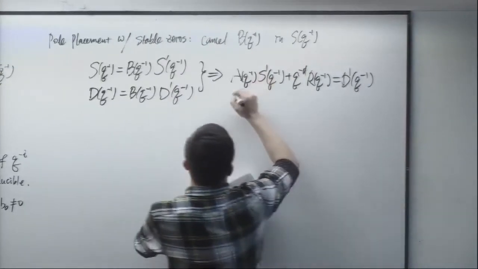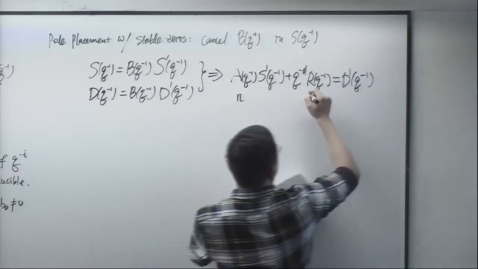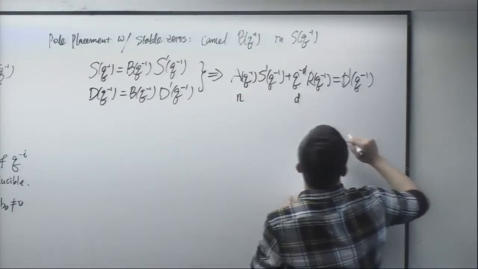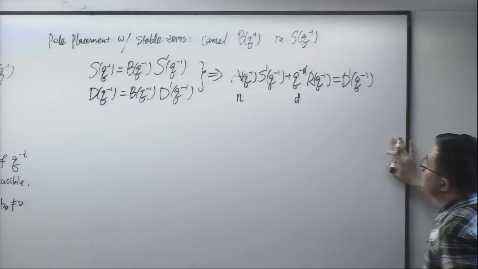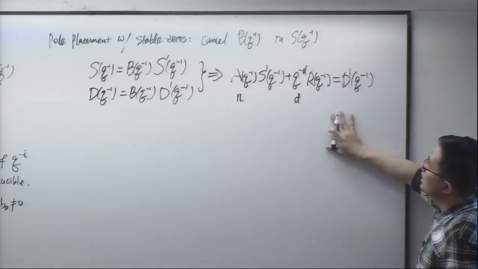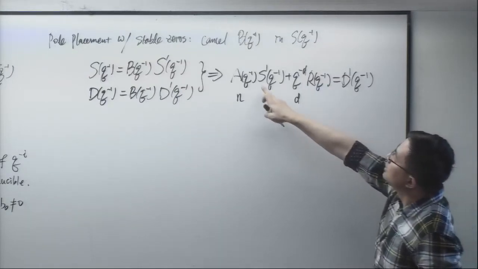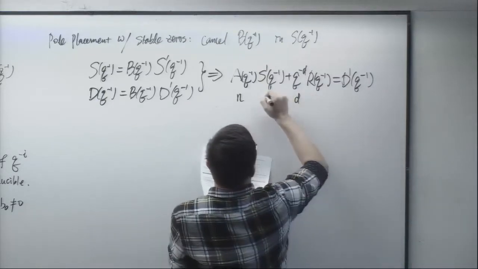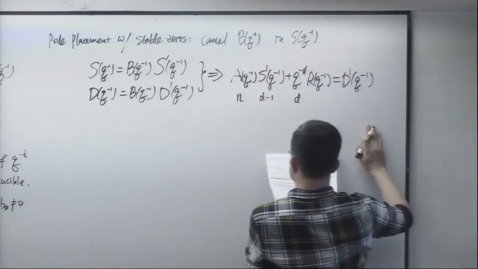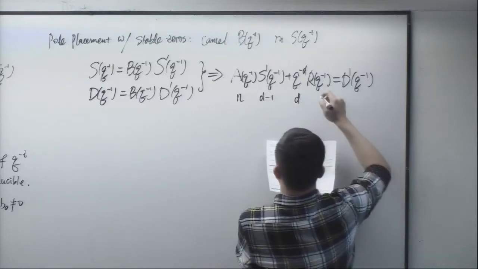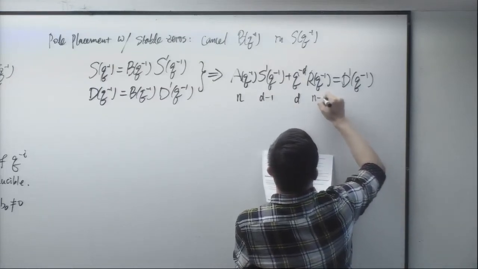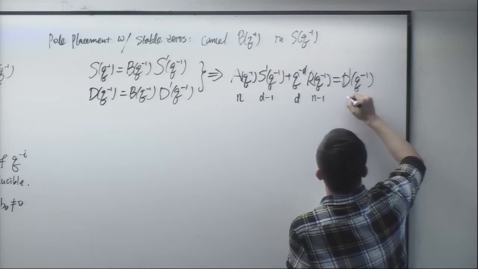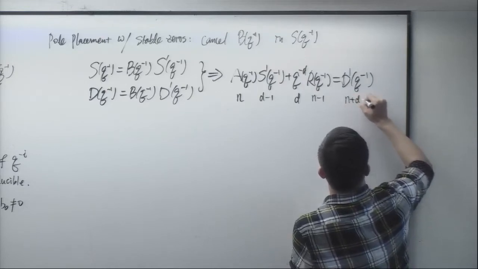The orders are, this is n's order, this is D's order. And we need to match the orders. So let's design S prime and R such that the orders are D minus 1 and then n minus 1. And then on the right-hand side, it's going to be n plus D minus 1.